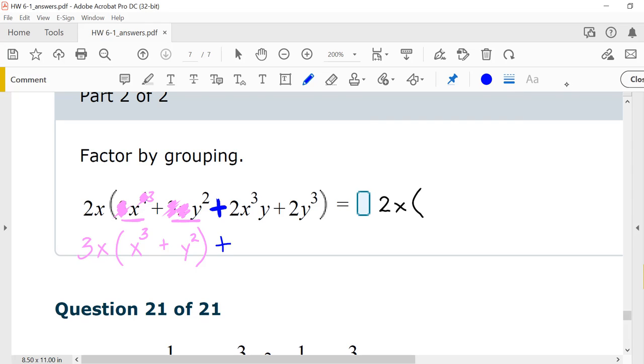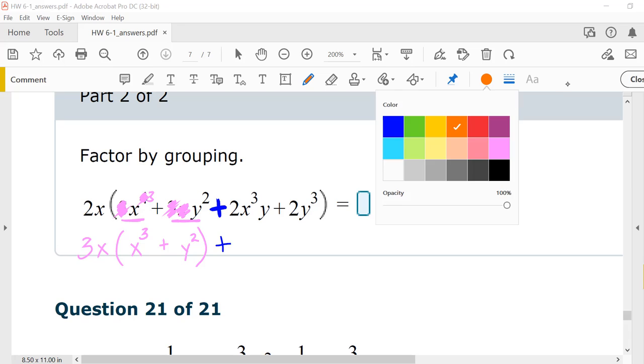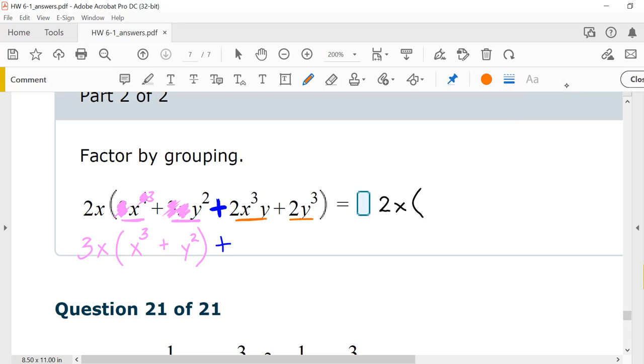Then I have a plus. Here in orange, the 2 orange terms, I can pull out a 2 and I can pull out a y. If I pull out 2y, y cubed becomes y squared.